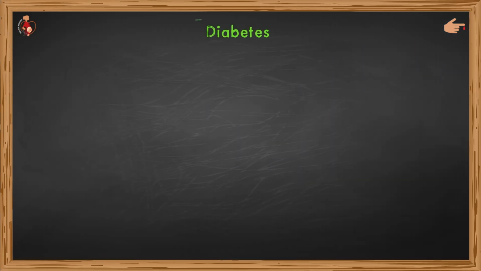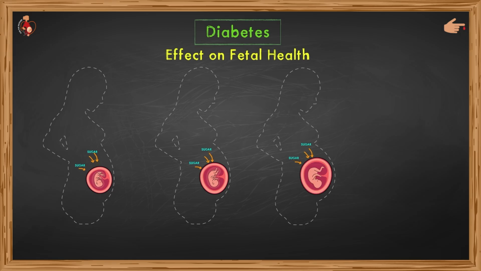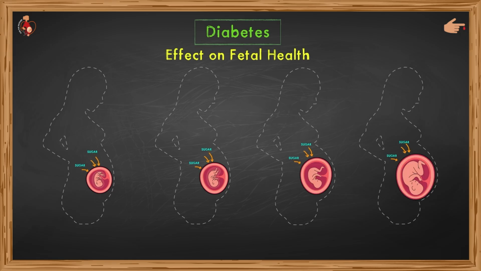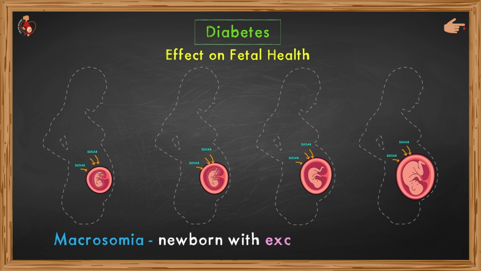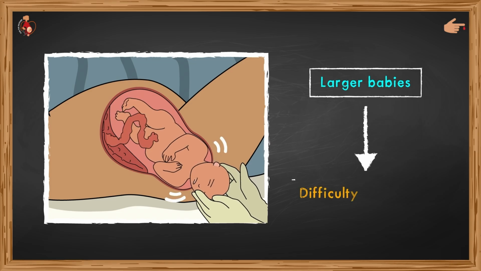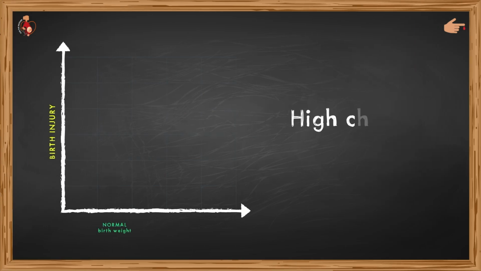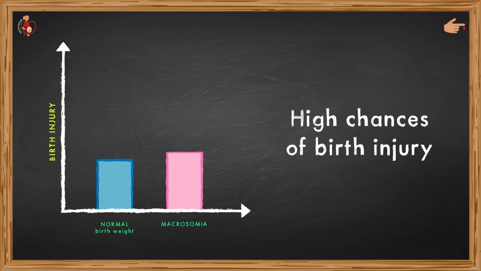As far as the fetus is concerned, the baby gets enough sugar in the blood, and therefore these babies can grow more in size, resulting into what is called macrosomia. Such babies can also have difficulty in birth because the shoulders increase in size, and therefore the birth injury chances increase almost double as compared to the rest of the population.